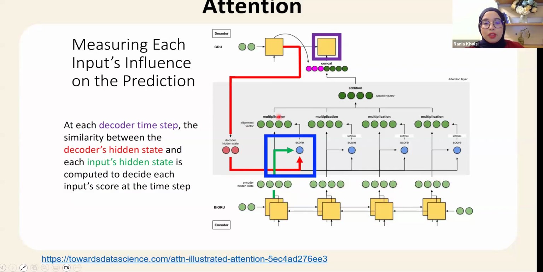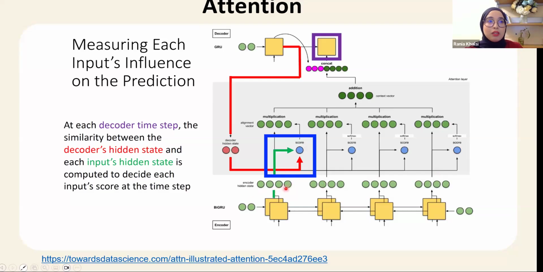At each decoder time step, from these 4 time steps, we are going to compute a similarity metric.